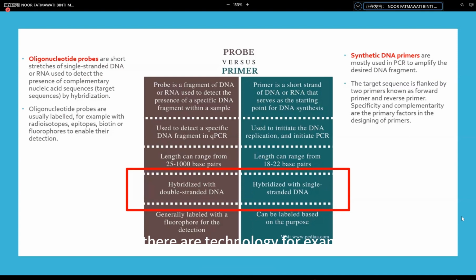But there are technologies, for example, northern blotting. Have you heard of northern blotting? Yeah, northern blot. In northern blot, you are measuring RNA. You don't convert it to DNA.